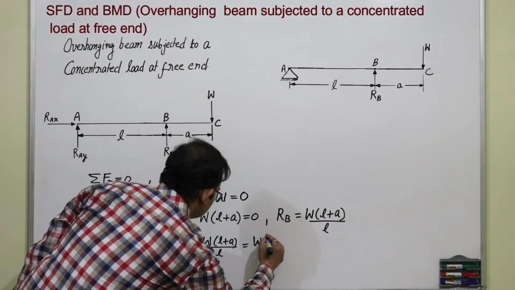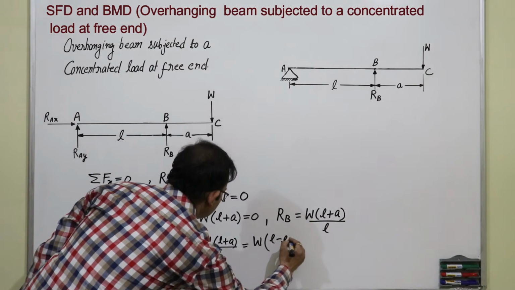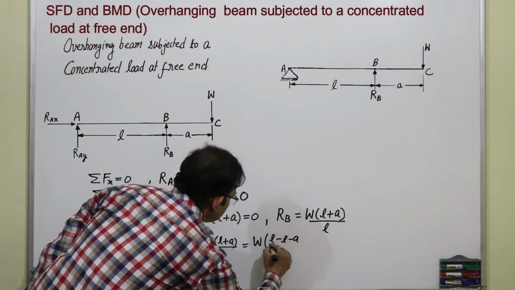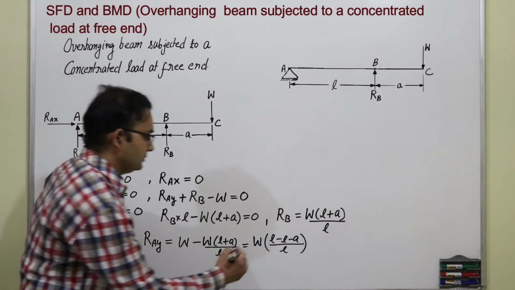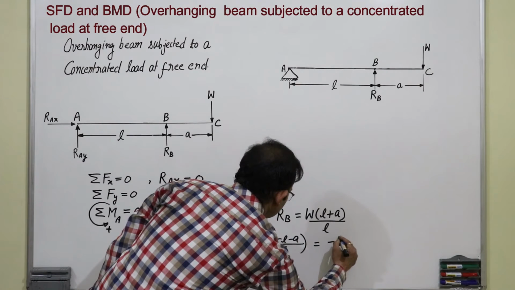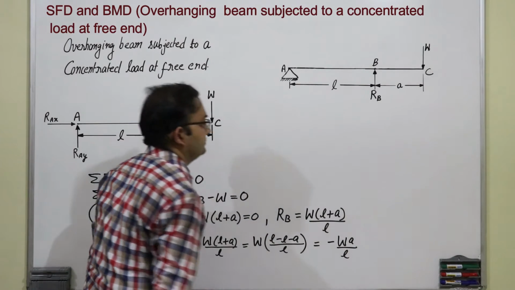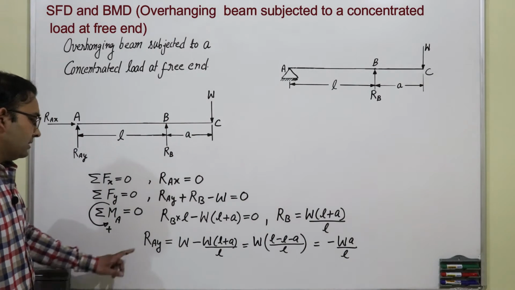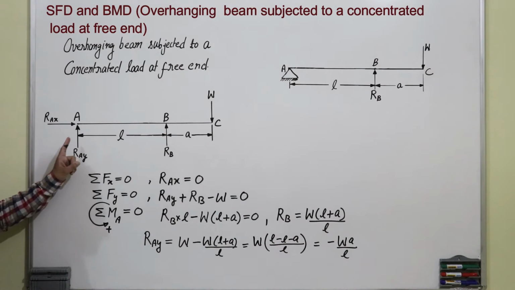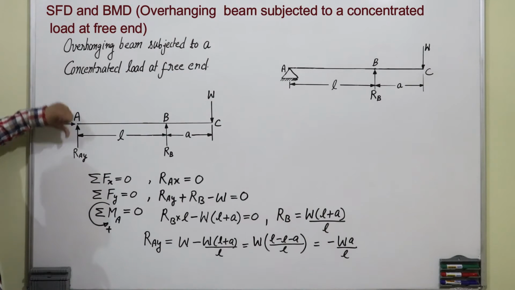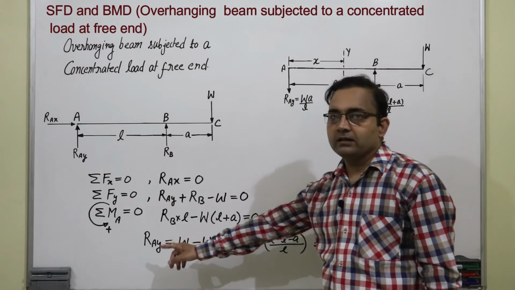W is common, L minus L plus A upon L. So it will come minus W A upon L. So we have calculated RB and RAY.